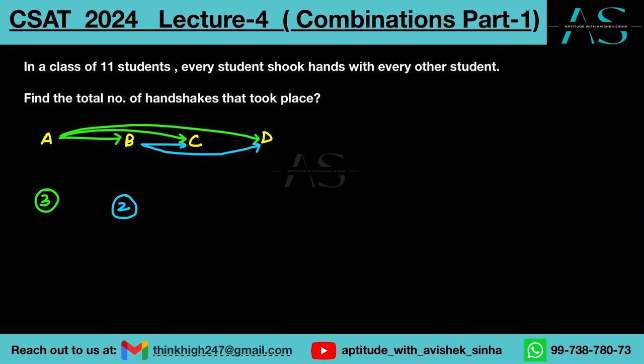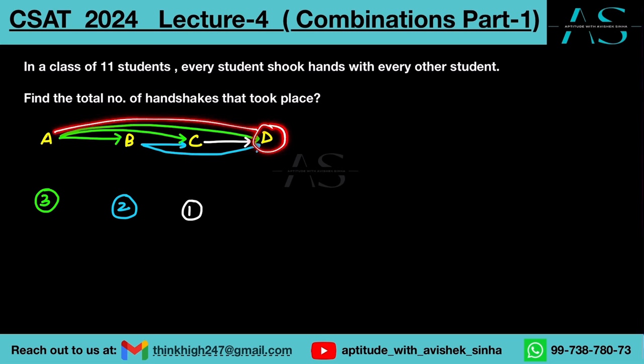Now, when we talk about C, C has already shaken hands with A and already shaken hands with B. So C would be shaking hands with D only. So 1 more. Now when we come down to D, we have an observation which says D has already shaken hands with the 3 persons. You can see clearly.